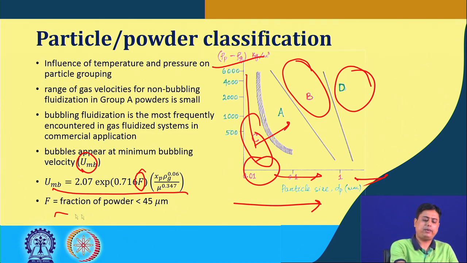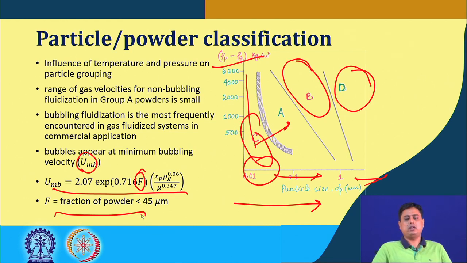It is nothing but the fraction of powder that has the mean diameter less than 45 micron. Xp is the mean size of the particle. The other parameters are known for us.